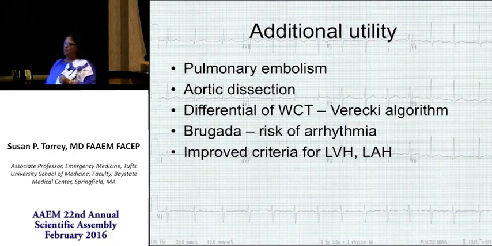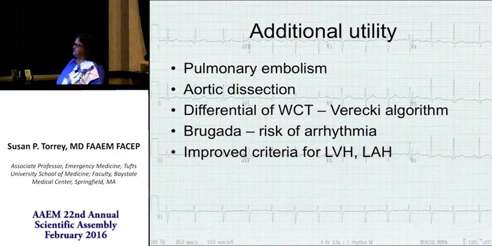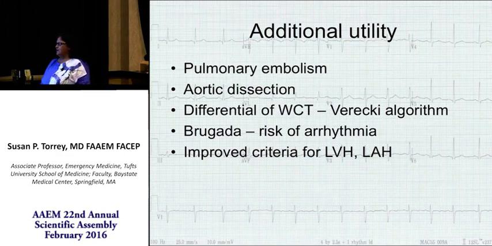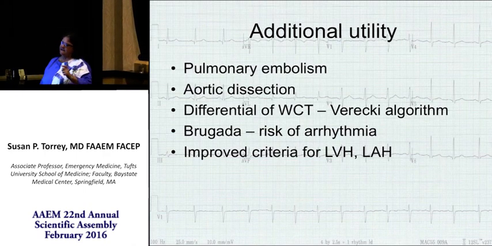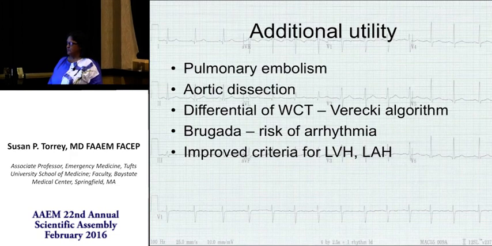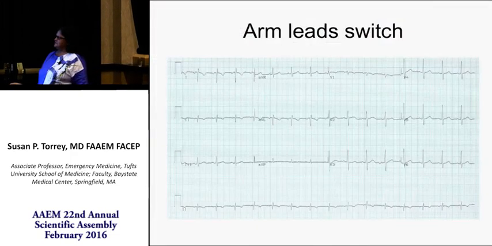There are others where AVR is more an added piece to the diagnosis of pulmonary embolism, aortic dissection. Vereckei from Hungary has actually made an algorithm to discern VTach versus SVT based only on AVR. So these are things to consider.